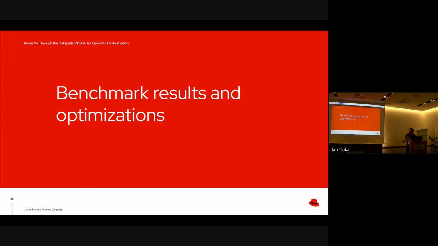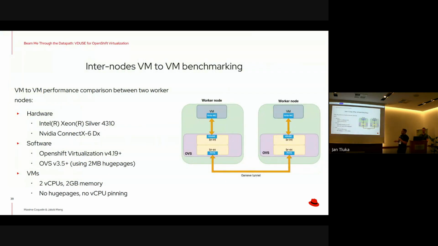Thank you. So now I will present some initial benchmark results and the optimizations we did to improve the performance of this solution. We'll start with the internode VM to VM benchmark. We have two VMs running on two different worker nodes.